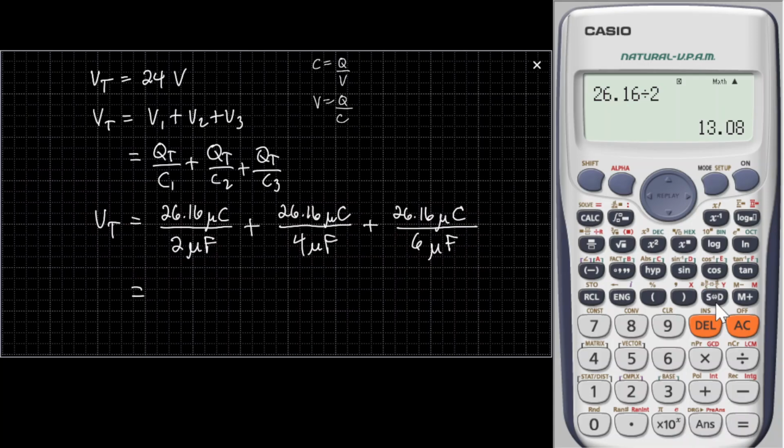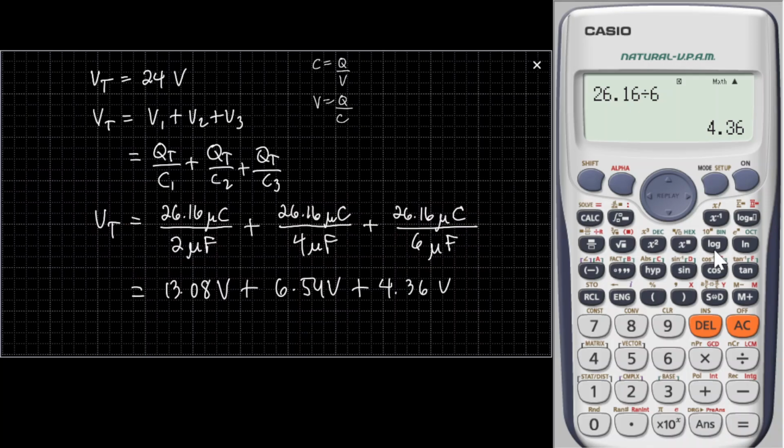That's 13.08 volts, plus 26.16 divided by 4, you will get 6.54 volts, plus 26.16 divided by 6. That's 4.36.